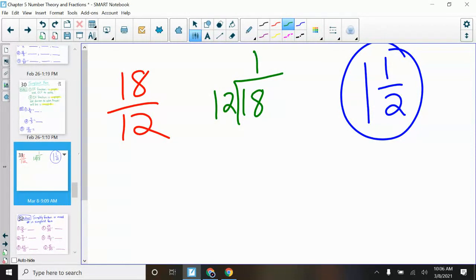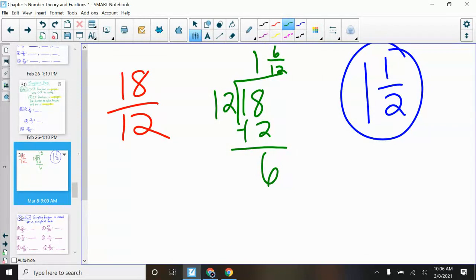One. 1 times 12 is 12. When I subtract, what am I left with? 6. That 6 is my leftovers, and it becomes my numerator. And my denominator is a 12.